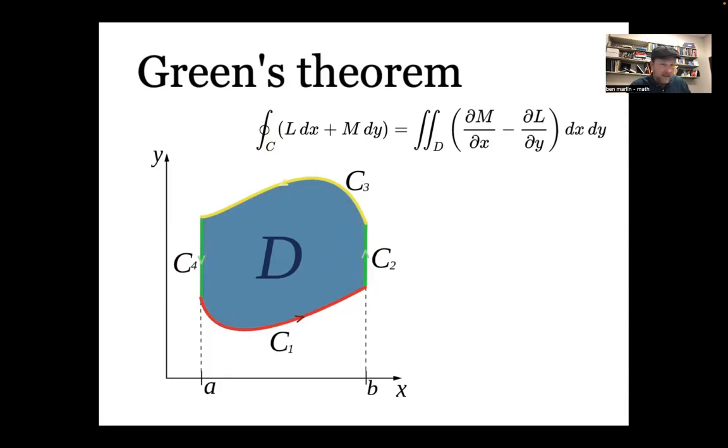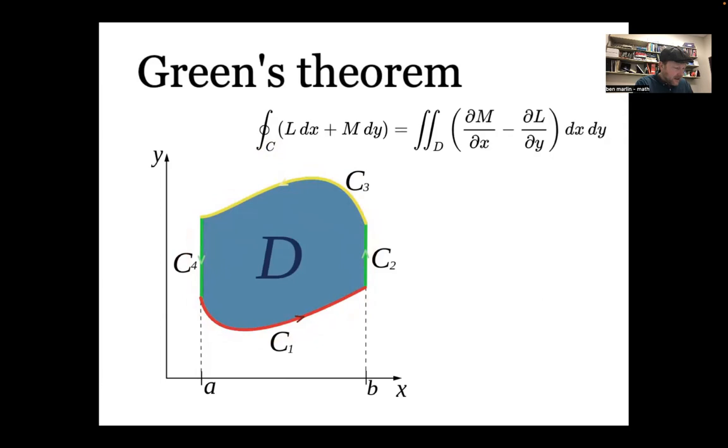I'm going to simply say that we're going to look at the case for having a simply connected region here. And then the curve that's along the edge of it is the boundary. And we are by default assuming that we're going around the boundary in a counterclockwise manner.